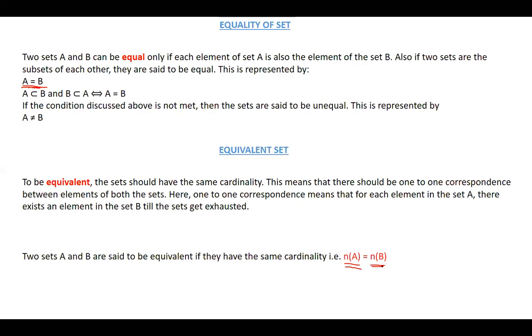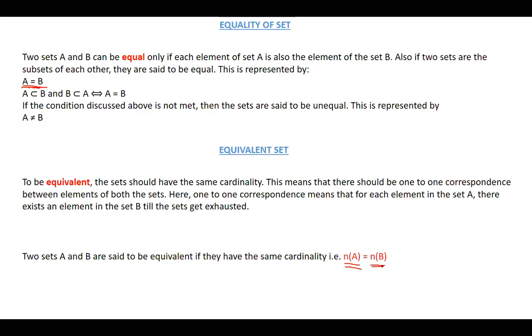But if the elements in two given sets are the same, those two sets are said to be equal. If the number of elements is what is equal, that's when you can say those two sets are equivalent.